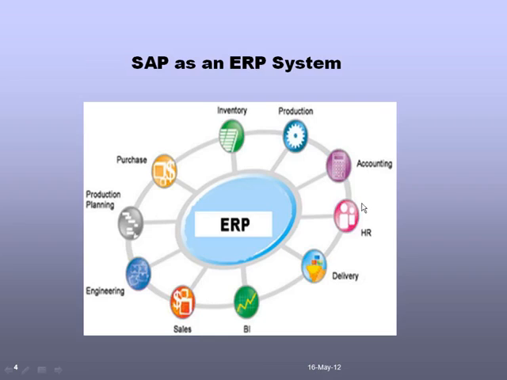Now, SAP as ERP. So where does SAP fit in the ERP system? We will have another slide. If you look at it, this is my ERP wheel, and you can see for each of the folks, I've got different departments.